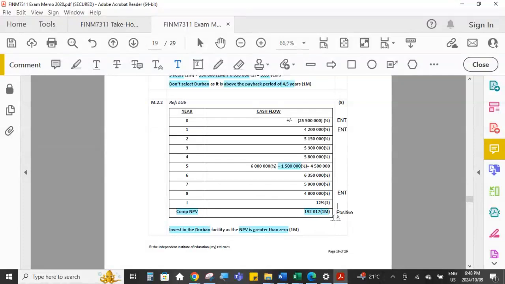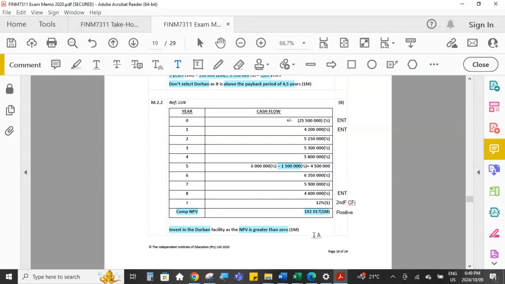we then have to use your second function. So press the second function button right at the top left of your calculator, and then press the CFI button, which is in the middle row of the small keys, the very last key on the right-hand side. And then let me just double check.